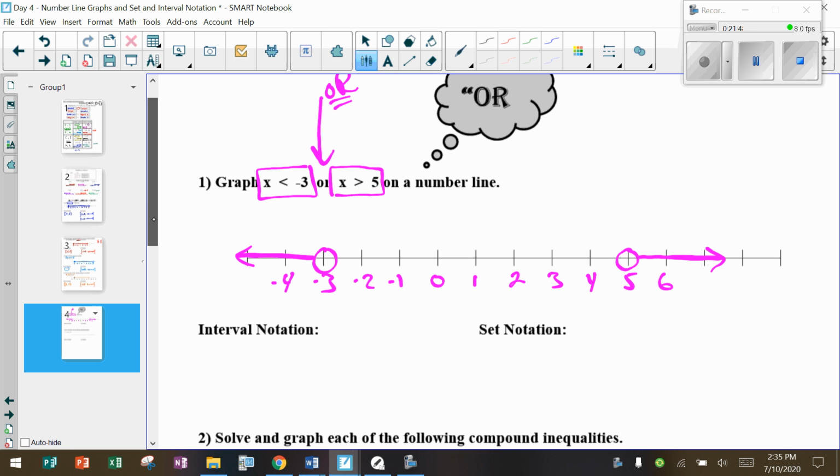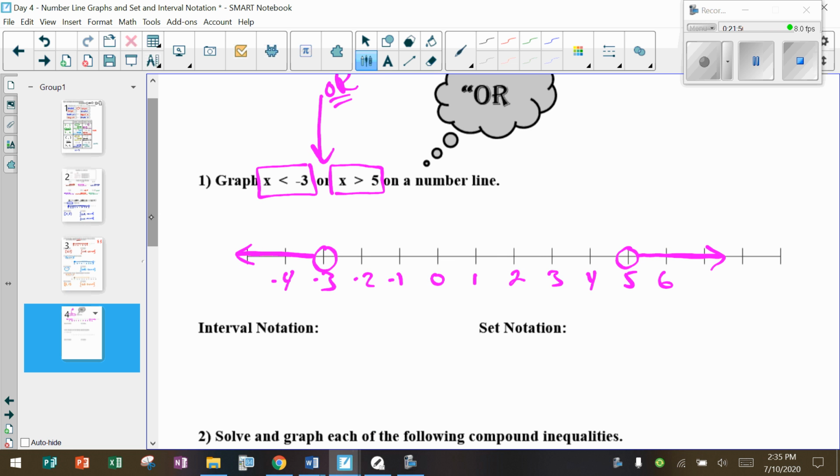This is going to change how we write our interval notation just a little bit. So I'm still going to use the negative 3, and I'm still going to use the 5. But since we have two non-connected parts of our graph, we will need two different intervals, one for each. All right, so the one on the left, it comes from negative infinity.